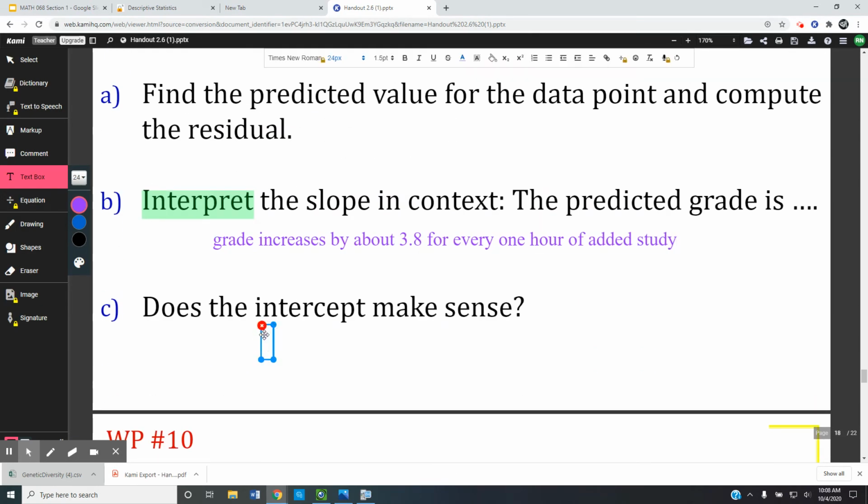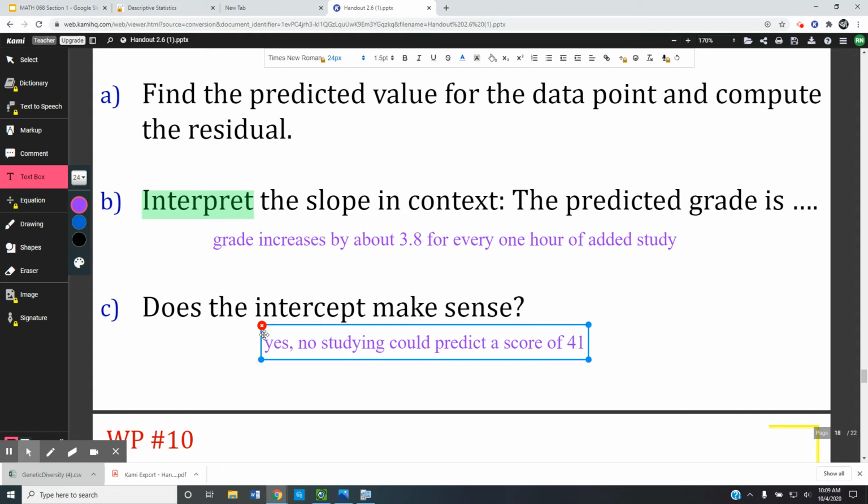So yes, with no studying, we could predict a score of 41 because that's what the y-intercept was.